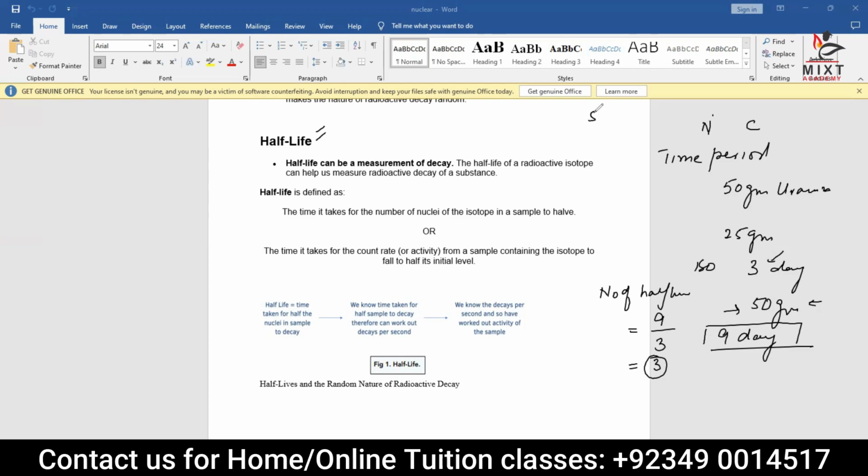First, 50 reduces by 2 and becomes 25. Then 25 reduces by 2 and becomes 12.5. And the third one, 12.5 reduces by 2, gives you 6.25. So the material left after 3 half-lives will be 6.25 grams. Guys, do you understand this?